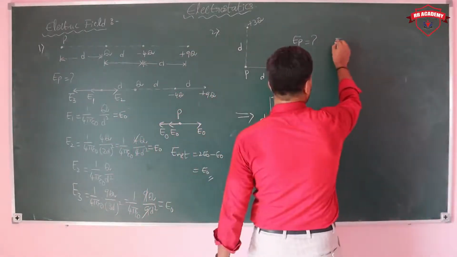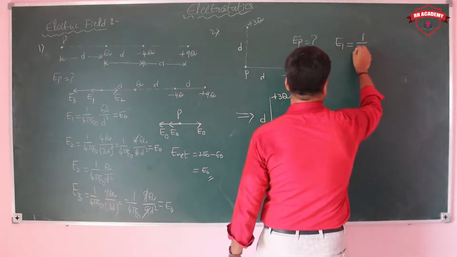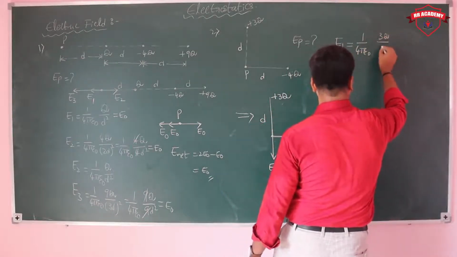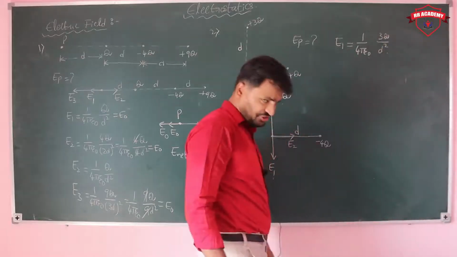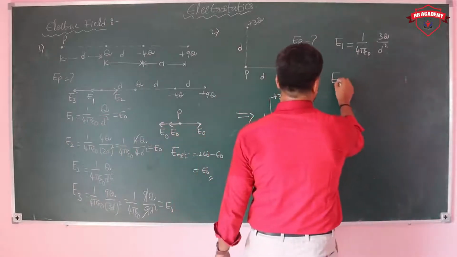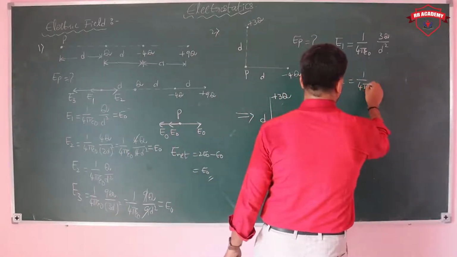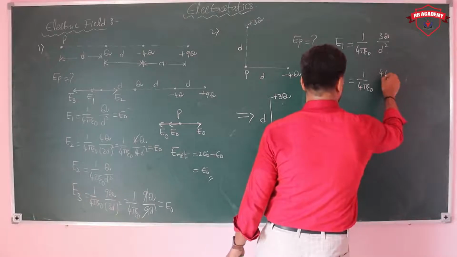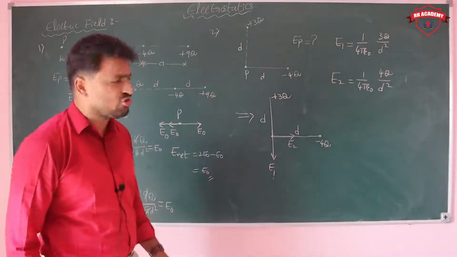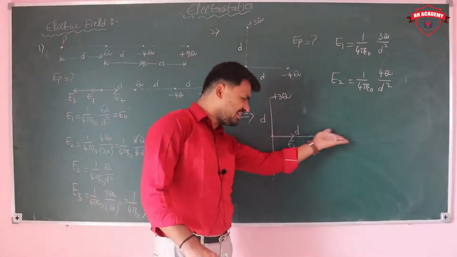Let's write E1 is equal to 1 upon 4 pi epsilon naught 3Q by D square. Next, E2 is equal to 1 upon 4 pi epsilon naught 4Q by D square. No need to mention the sign because we already mentioned the direction is going here.